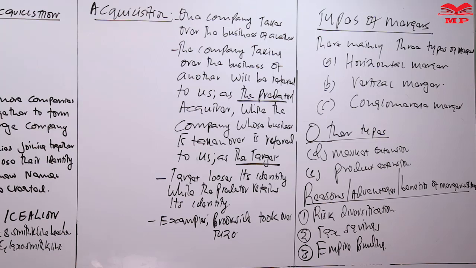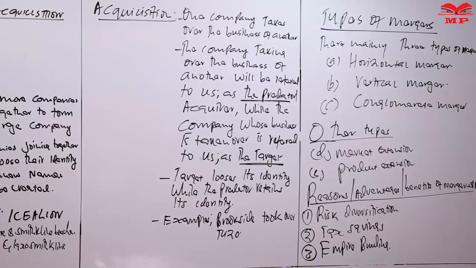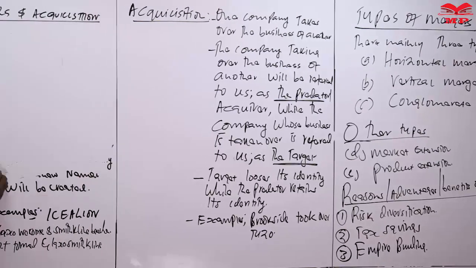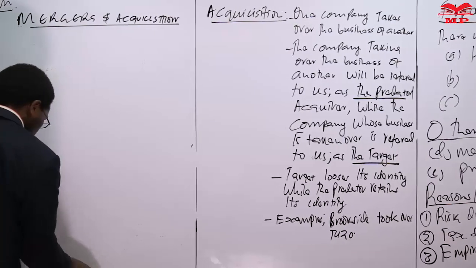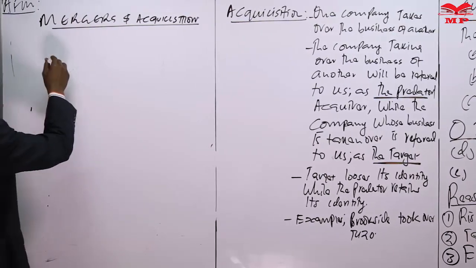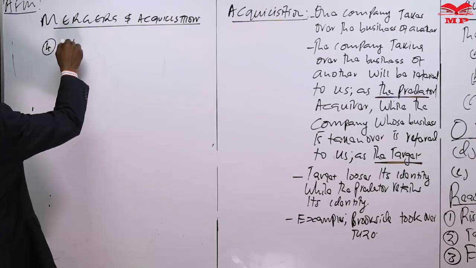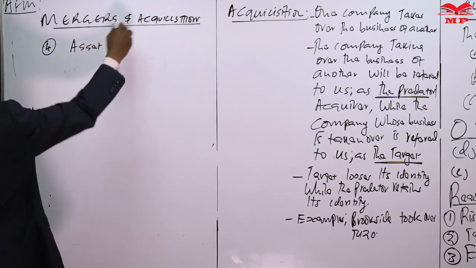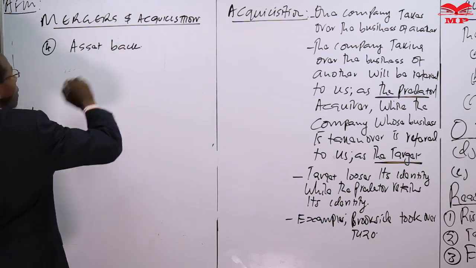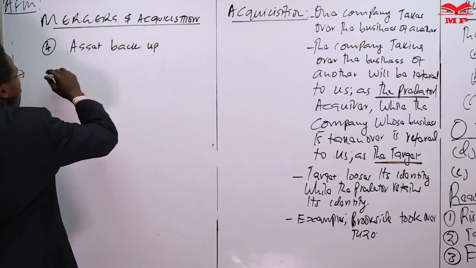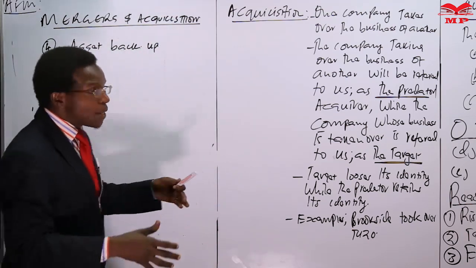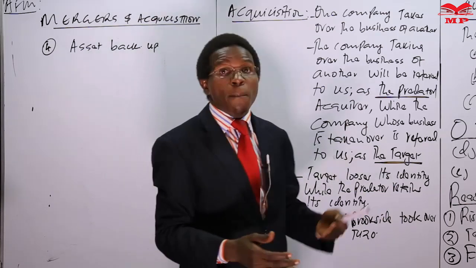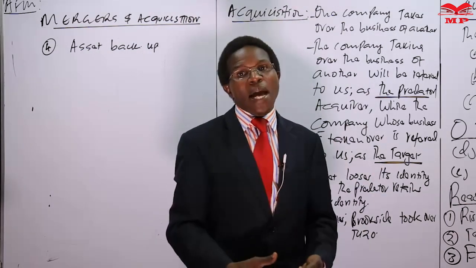Now, because of space, I'll move to this other side. We say one of the other advantages is a continuation of advantages. So we have another advantage, that's number 4: the asset backup. This is whereby we not only merge just for the sake of empire building, but we also own some assets.